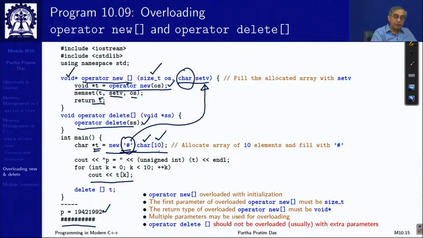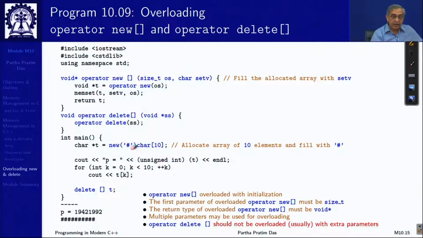All that you will have to do is, within this parenthesis, put a comma and provide these parameters. But you can give your own meaning of dynamic allocation and deallocation for operator new as well as operator array new. You can do the same thing for placement operator also, but you usually will not need that.